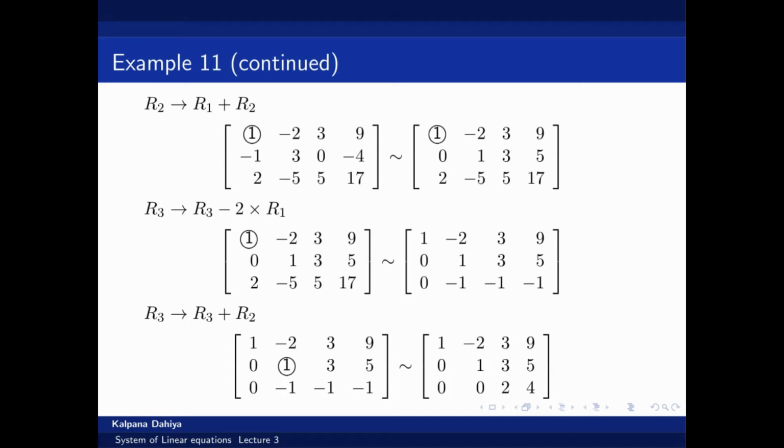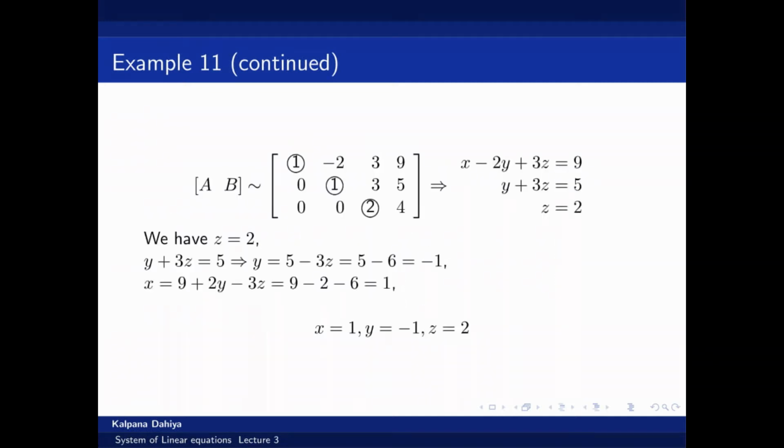So applying these three elementary operations, the augmented matrix reduces to the last matrix on the slide, which is 1, minus 2, 3, 9. Second row is 0, 1, 3, 5. And third row is 0, 0, 2 and 4.